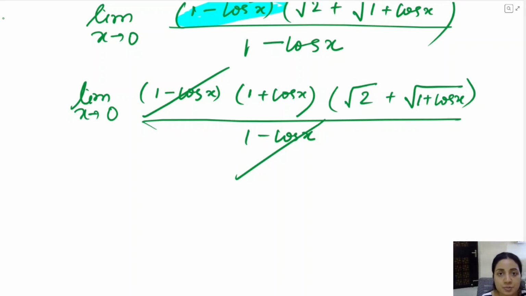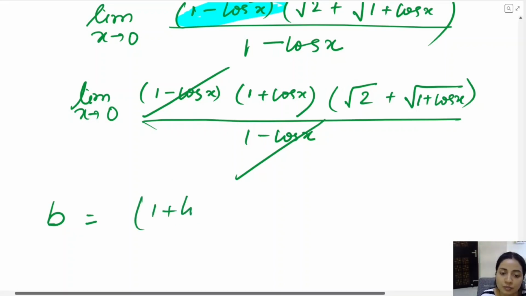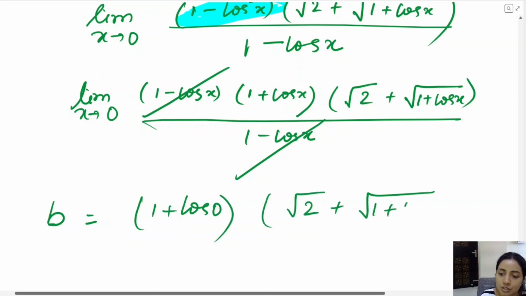Now if we substitute this x as 0, I hope we will be getting the answer for b as well. So b is equal to, we are going to substitute x as 0. So 1 plus cos 0, times root 2 plus root of 1 plus cos 0.